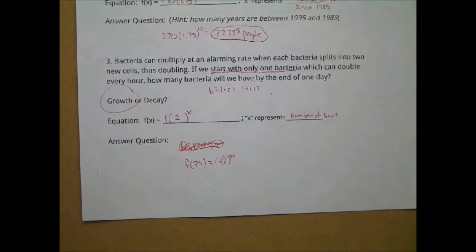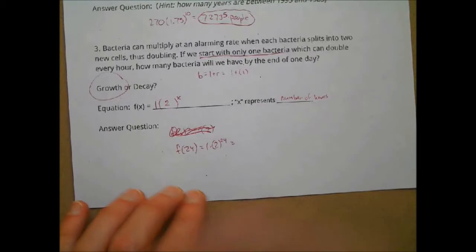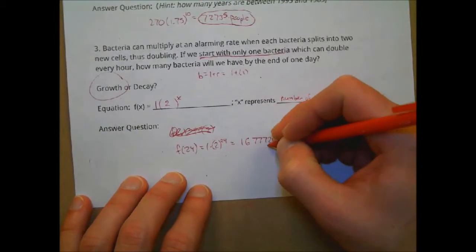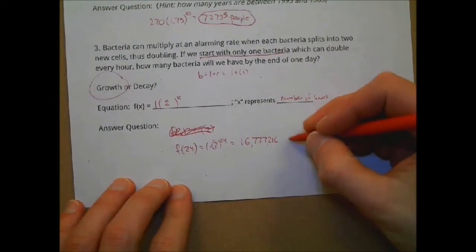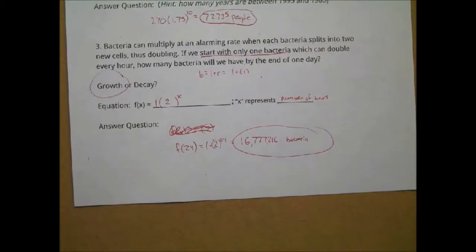Okay. How many bacteria is that? That's a lot of bacteria. And that's not rounded, that's precise, right? 16,777,216 bacteria.